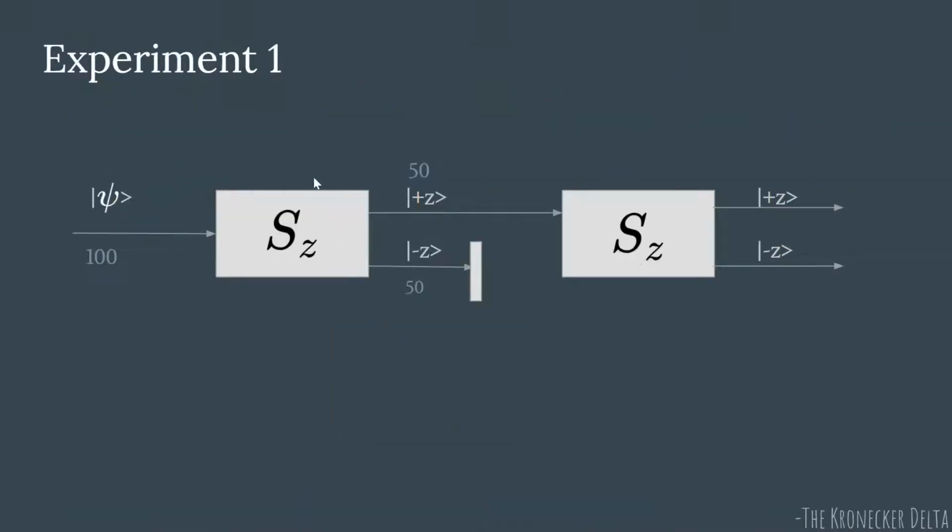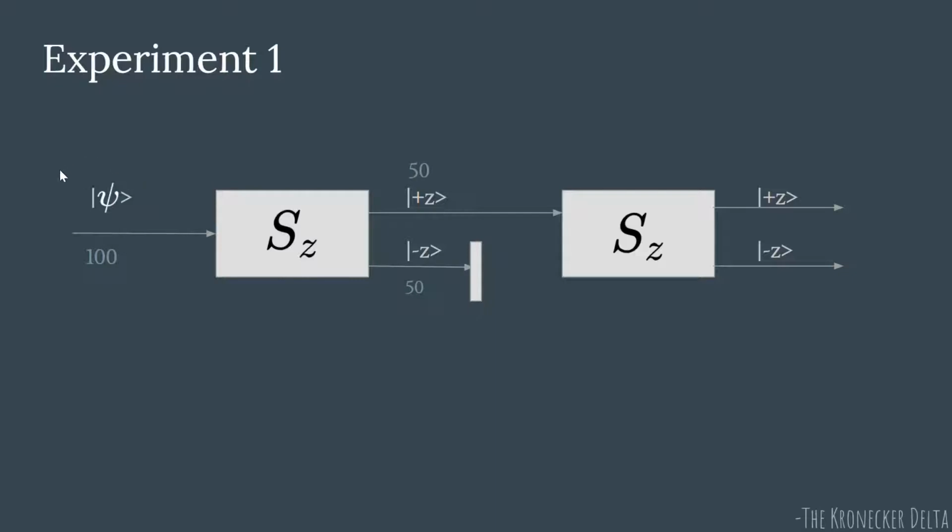Now we study experiment 1, where we have two Stern-Gerlach analyzers. We have a generic state psi which is input to the first analyzer. This first analyzer will just split this input beam into two parts. We get two possible outcomes of this measurement, plus z and minus z.